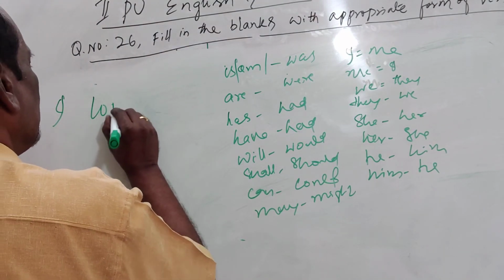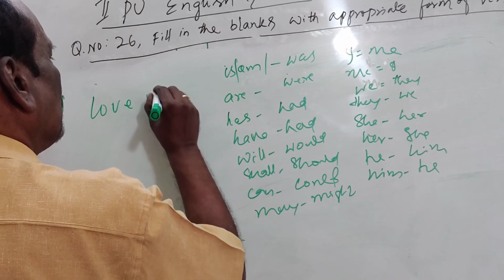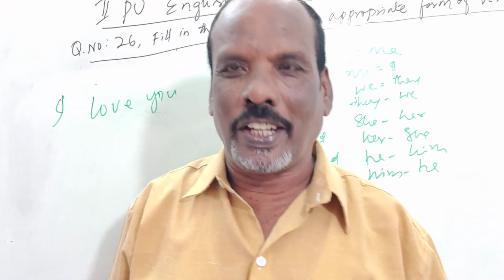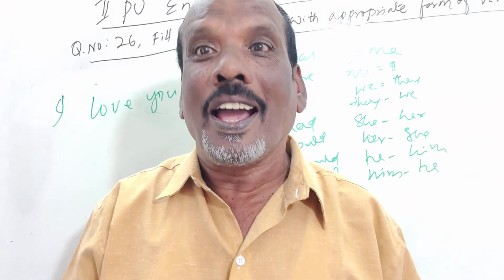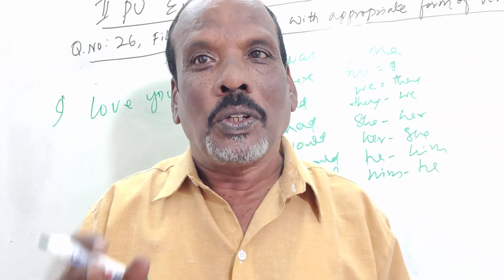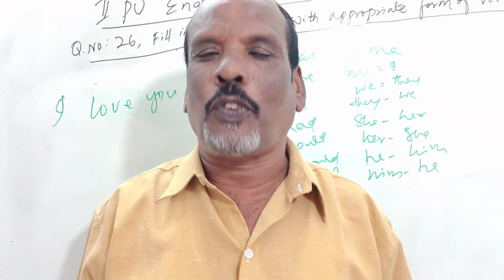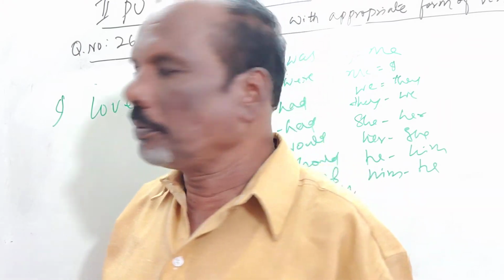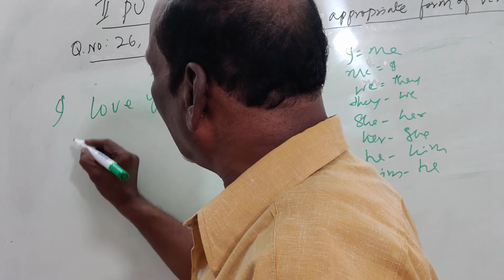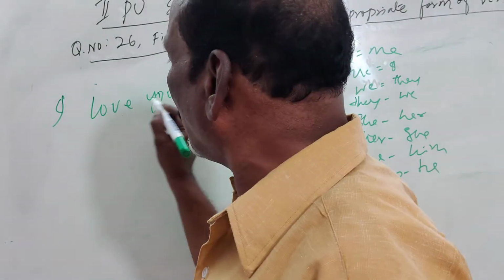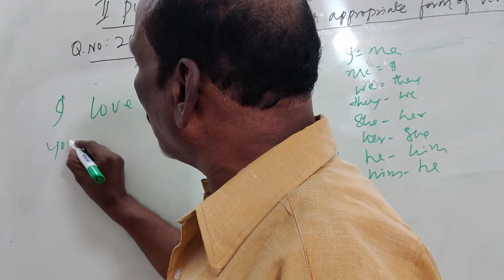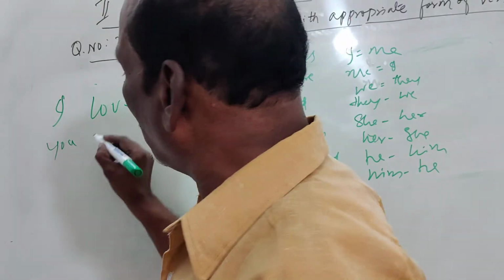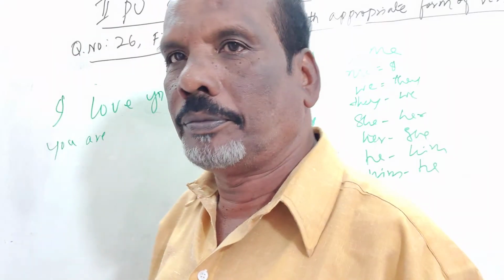I love you. It is an active voice sentence. I love you. So love is in present tense form. Right? You have to bring it back here while changing it into passive voice. So you have to use not is or am, you have to use you are.